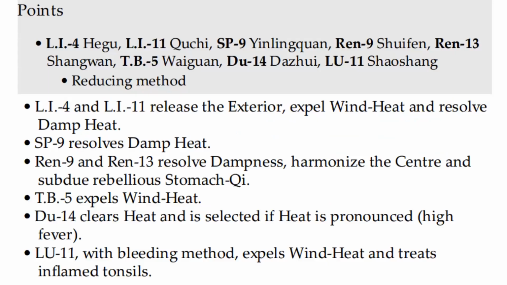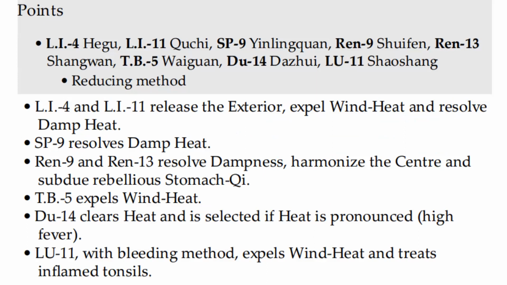Points: LI4, LI11, SP9, REN9, REN13, Triple Burner 5, DU14, and LU11 using reducing method. LI4 and LI11 release the exterior, expel wind heat, and resolve damp heat. SP9 resolves damp heat.